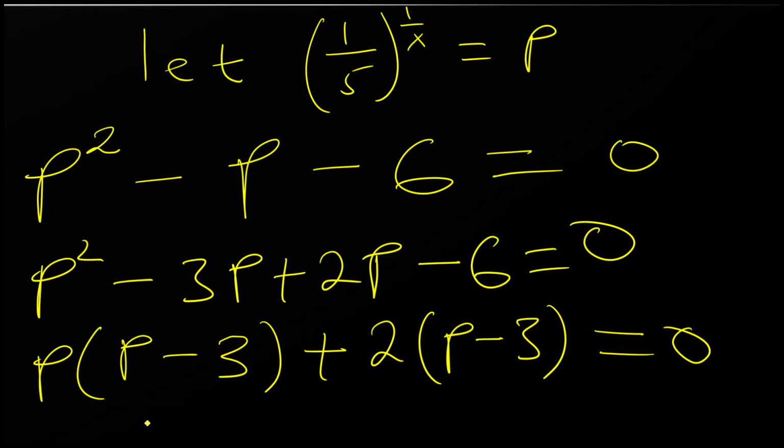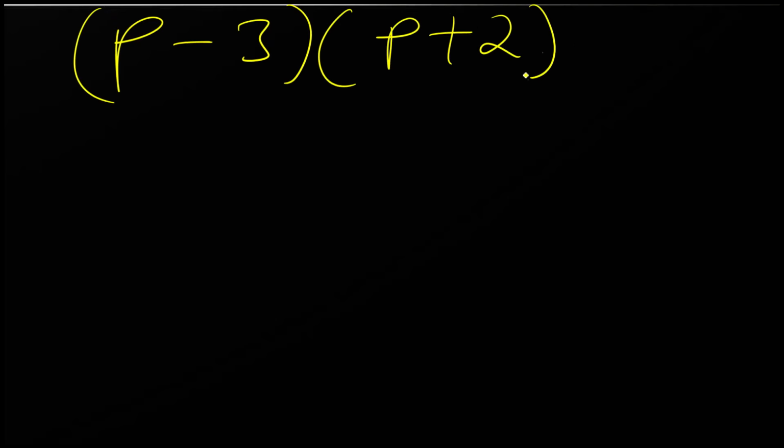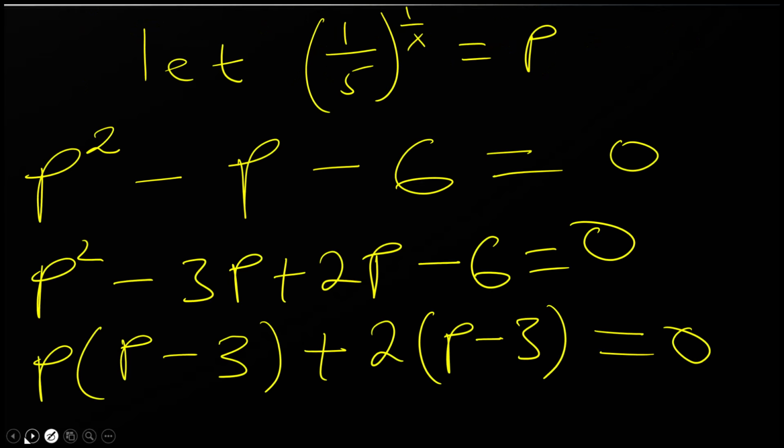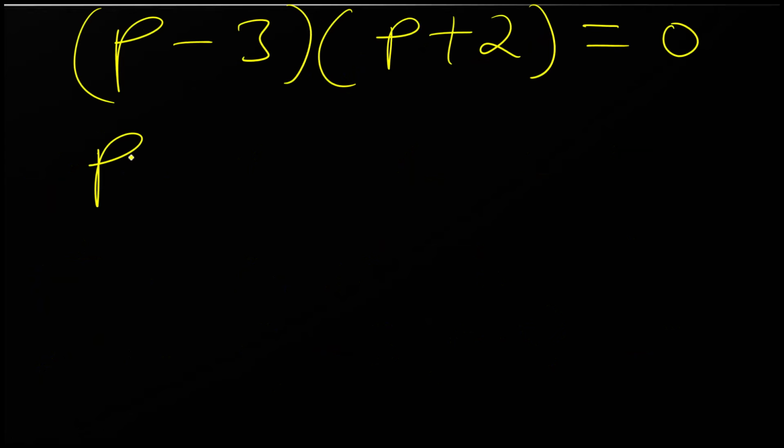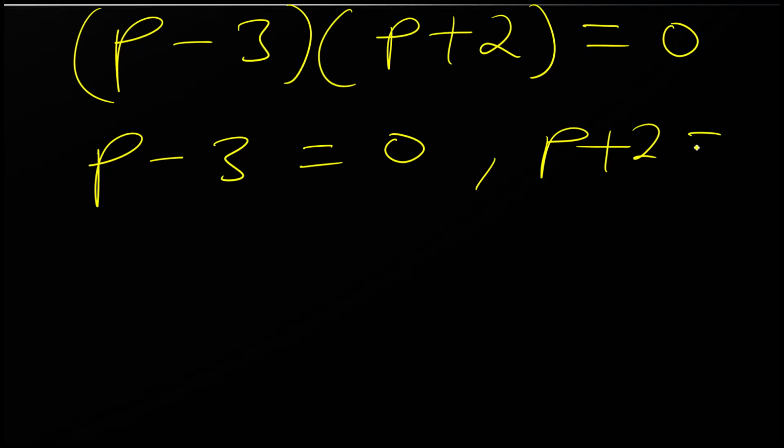So we have p minus 3, p plus 2 equal to 0. With the zero product, we can say p minus 3 equals 0 or p plus 2 equal to 0. So we have p equals 3 or minus 2.